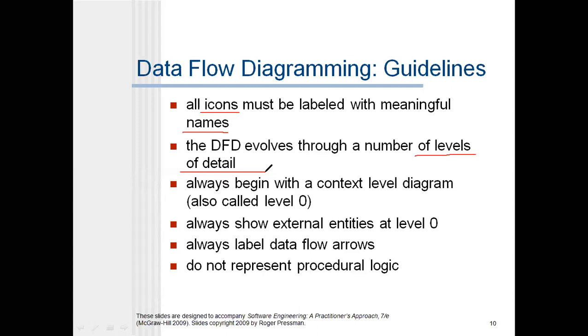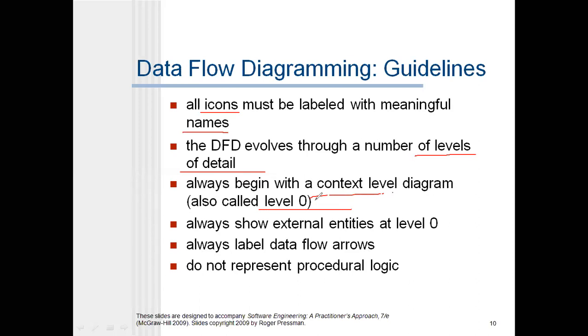So this DFD evolves through a number of levels of detail. And the third point: it always begins with a context level. Always we begin with the zeroth level, level zero.